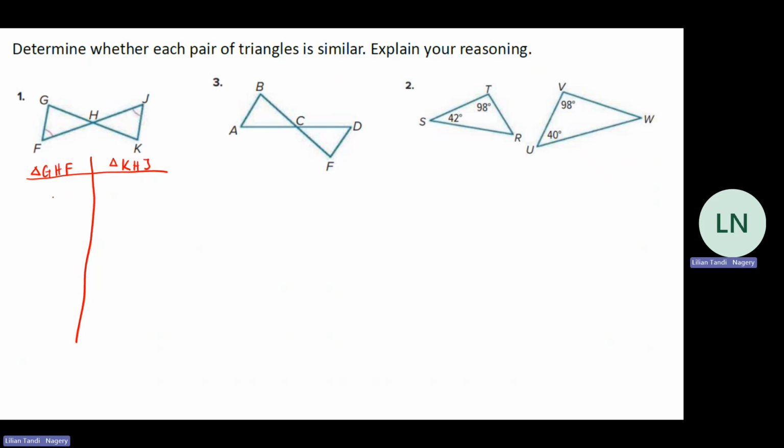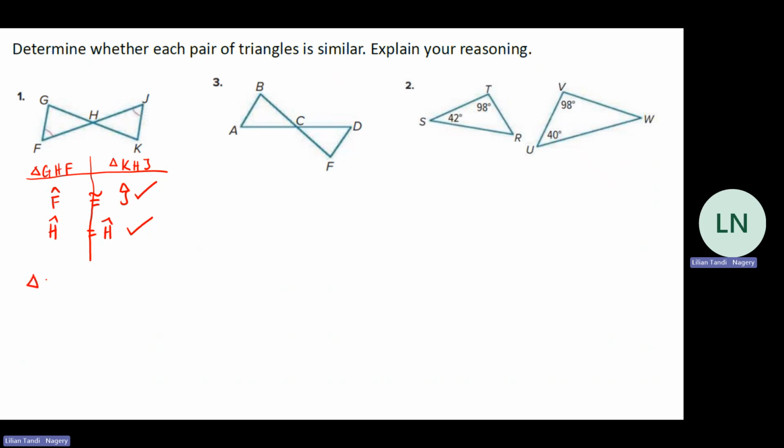Now I know that angle F is the same as angle J. And I also know that angle H is the same as angle H. So therefore, I have said SAR how many times? 2 times.